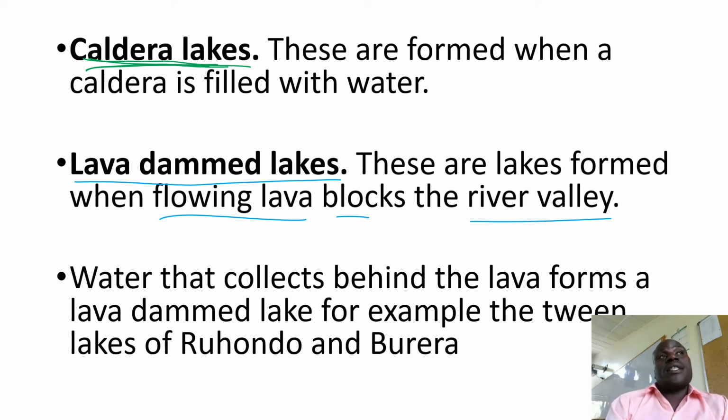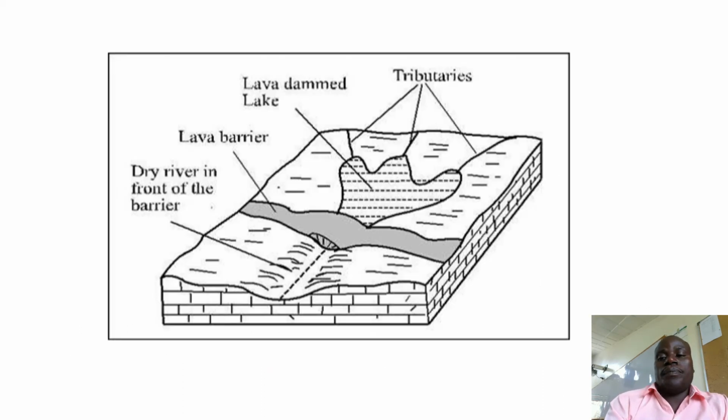The water that collects behind the lava forms a lava-dammed lake. We have examples of twin lava-dammed lakes in Rwanda, Ruhondo and Burera.